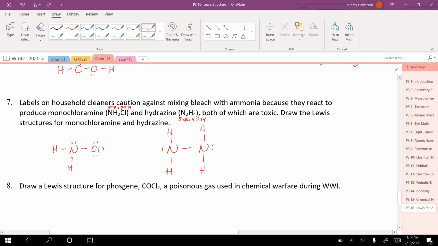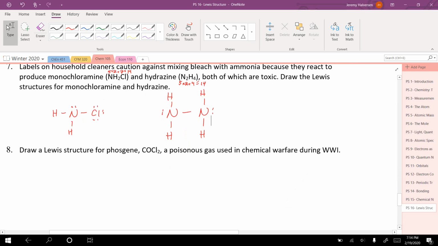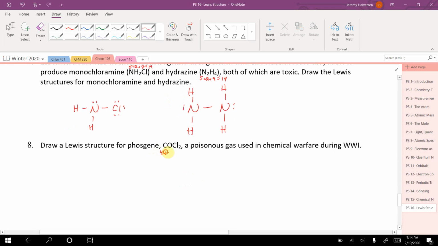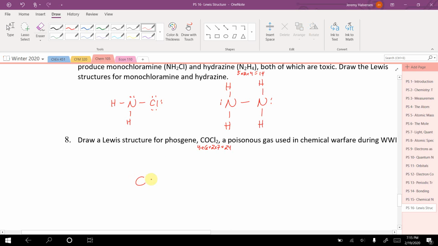That's hydrazine. Draw the Lewis structure for phosgene, COCl2, a poisonous gas used in chemical warfare during World War I. Okay, so 4 plus 6 plus 2 times 7 gives me 24, I think. I have carbon in the middle because it's the least electronegative. I'm going to have, what do I have?